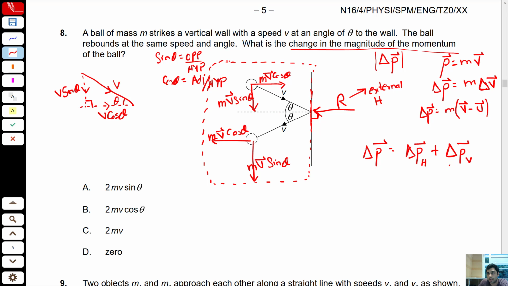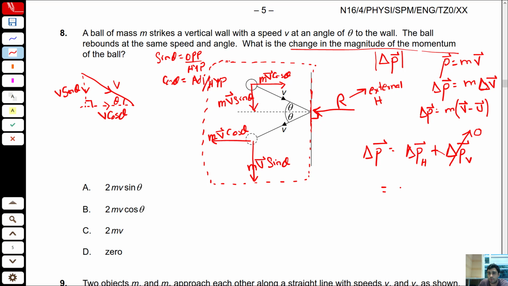But there is an external horizontal resistive force acting on the system. Because of this horizontal external force, the horizontal component of the momentum will not be conserved, because we can no longer apply conservation of momentum along the horizontal direction. So the only change in momentum is due to the horizontal component of the momentum.